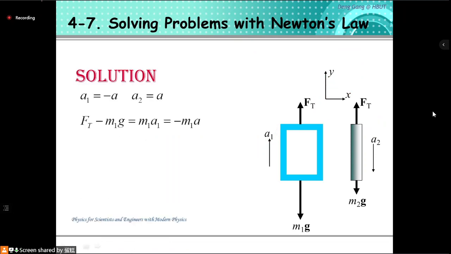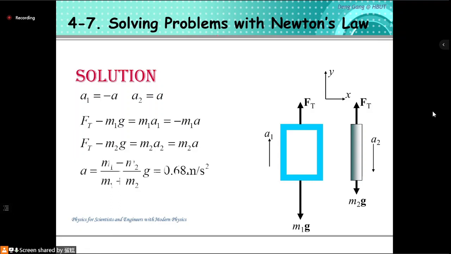So, okay. a1 and a2 have the same magnitude but opposite direction. So we can solve for the acceleration and also the tension. That's how we solve problems.